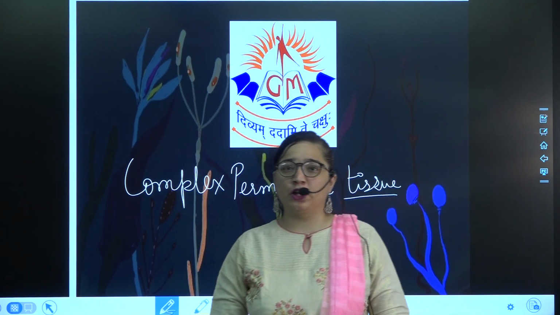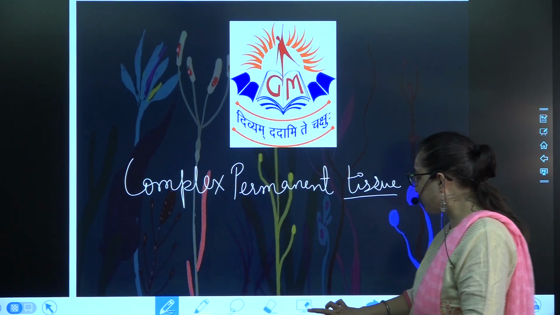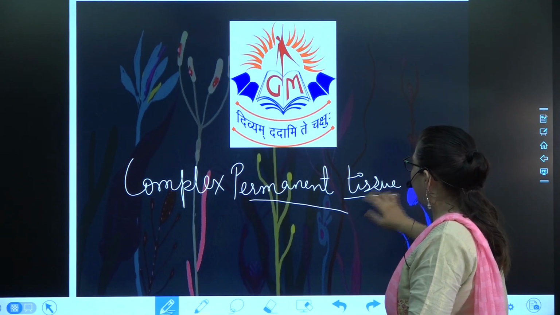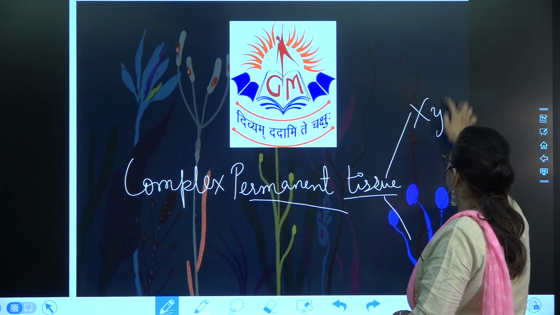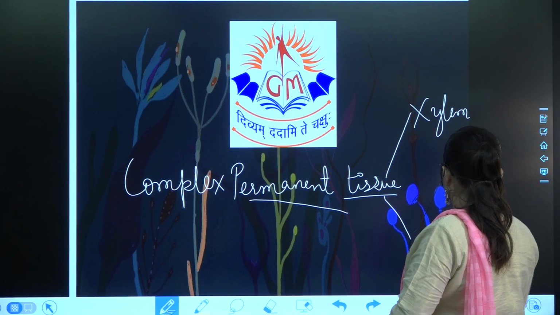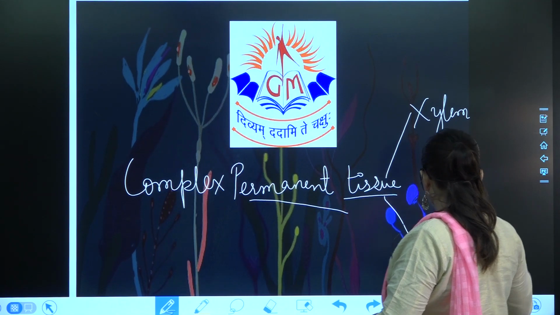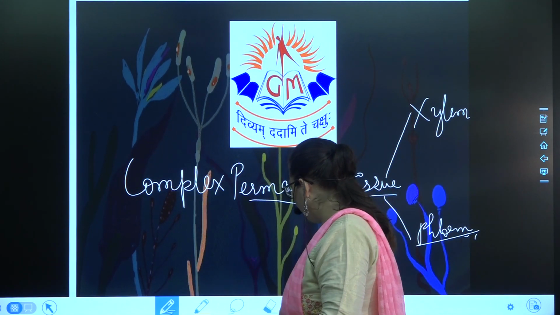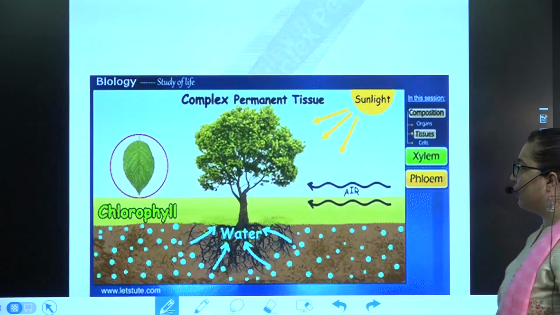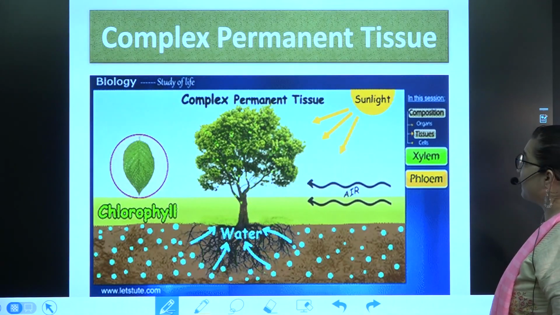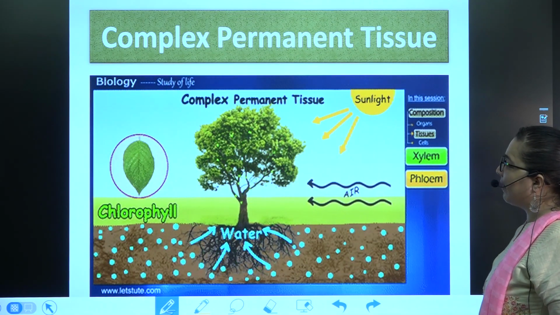Before we move further, I want to discuss what part we did beforehand. So, about the complex permanent tissue, xylem and phloem. Now let's have a look at the complex permanent tissue, that is the xylem and phloem.